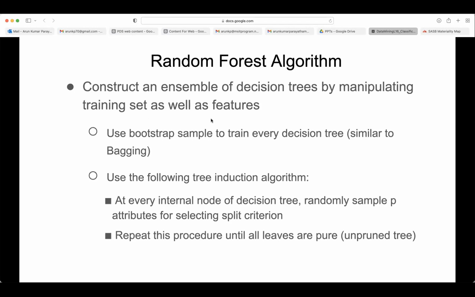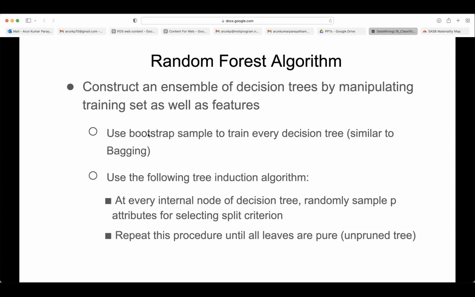So we will sample instances, and we'll also sample features. Whatever sample we get, for that we'll build one decision tree. Like that, we'll build many decision trees. The class will be decided by a majority vote of all these decision trees.